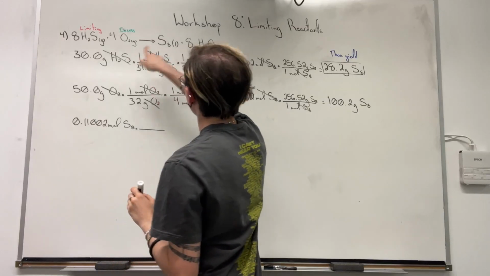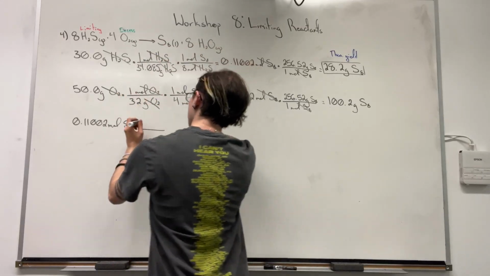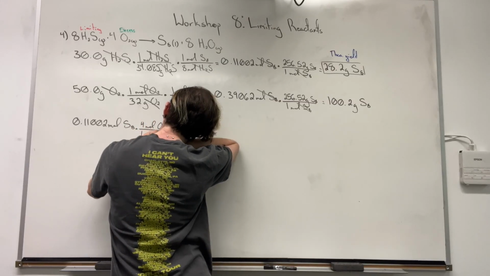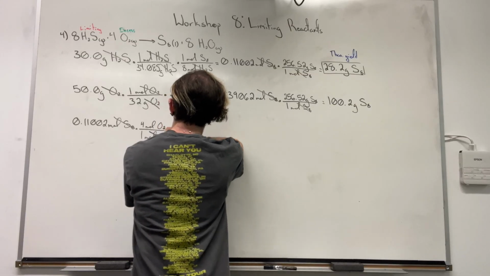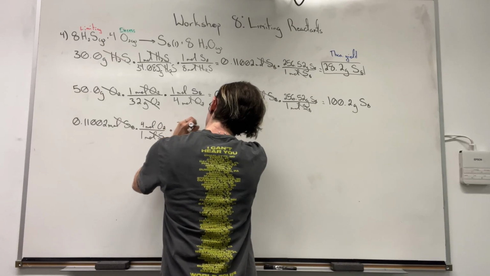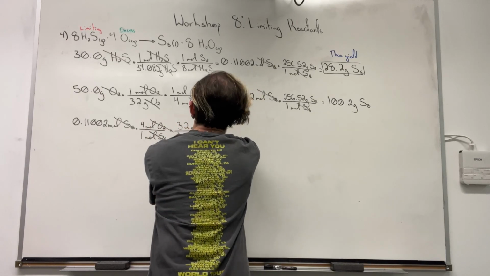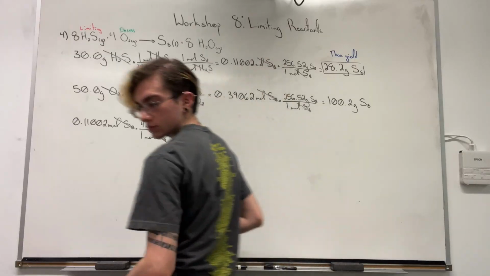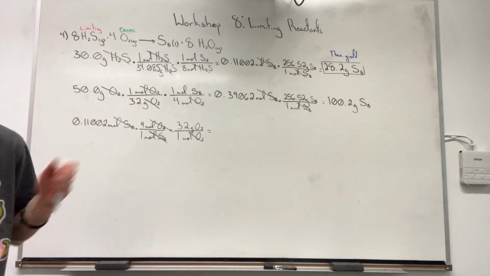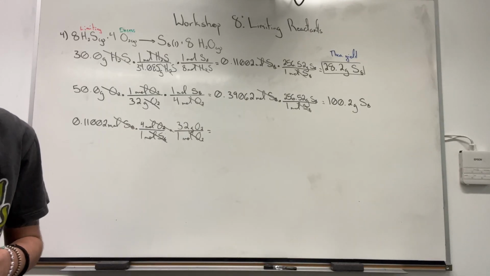Again, our mole ratio is 4:1, so we are going to flip what we have here. 4 moles of oxygen are needed to make 1 mole of sulfur, and 1 mole of oxygen is 32 grams. .11002 times 4, and then times 32. To make 28.2 grams, we only need 14.1 grams of oxygen.